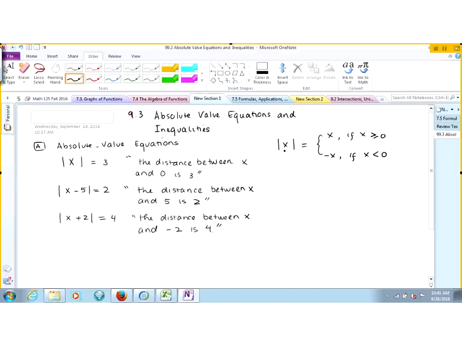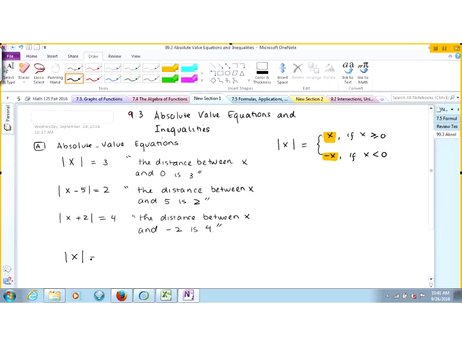So just remember, whenever I have absolute value of x, I have to replace it with two different expressions to take care of the absolute value.